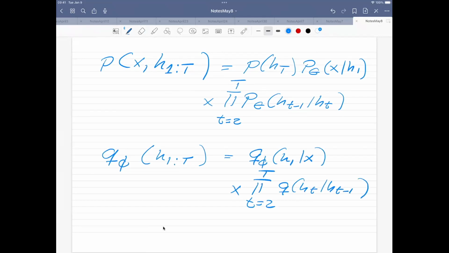So the final marginal probability which we want is obviously one where we have integrated away all these quantities.